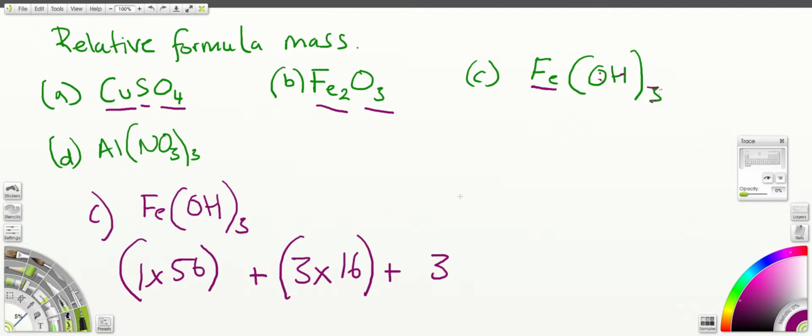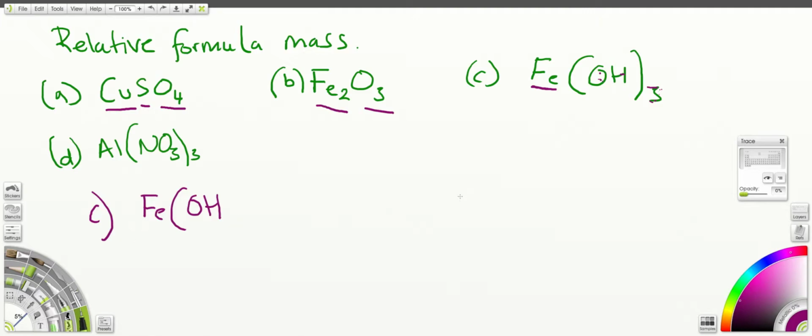Next we're going to do aluminium nitrate, which is D. Let's have a look at D. Again, before you can do this, you need to understand what it's showing. If I write down D, what you've got to realize is this is aluminium, so I've got 1 aluminium.